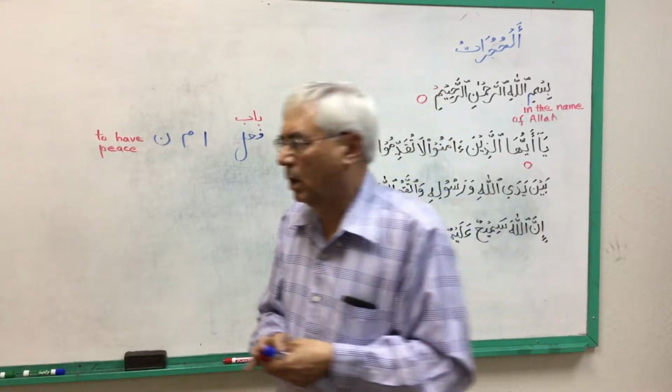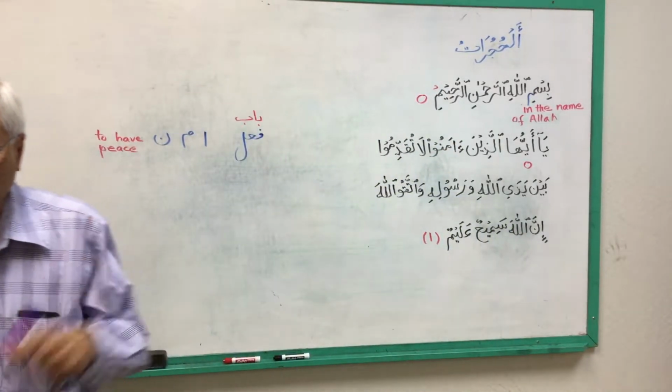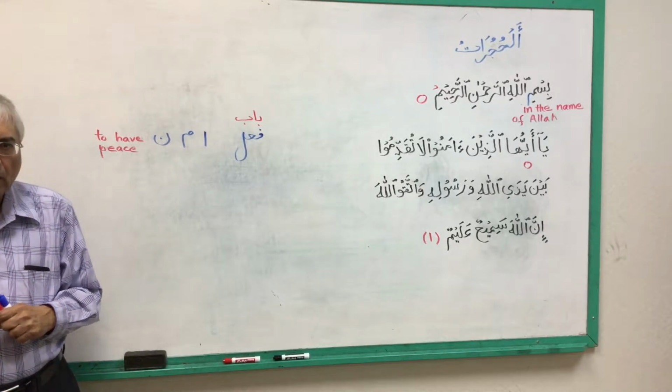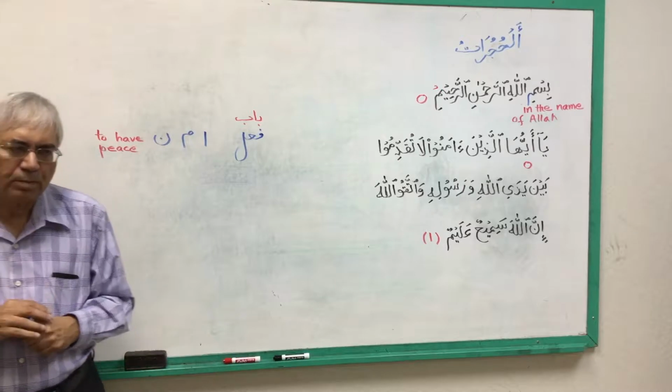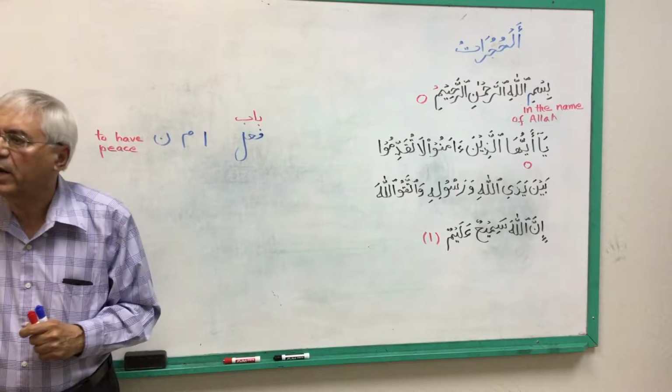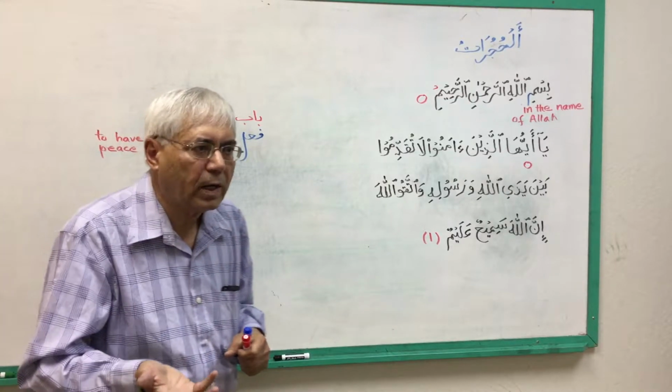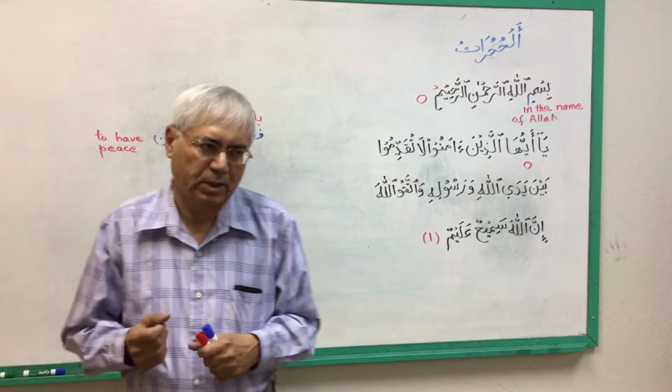Now the next thing we are going to learn is that in Arabic, words start with three letters, and then slowly we add more letters to them. And as we add more letters, the meaning changes.